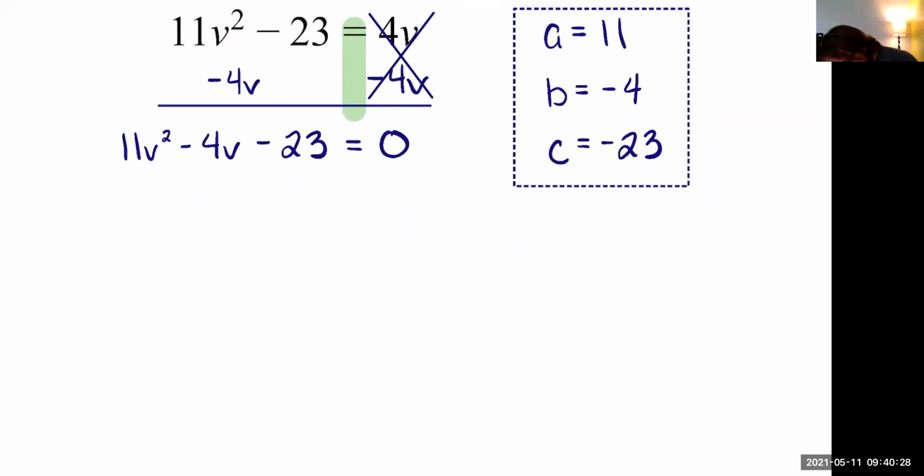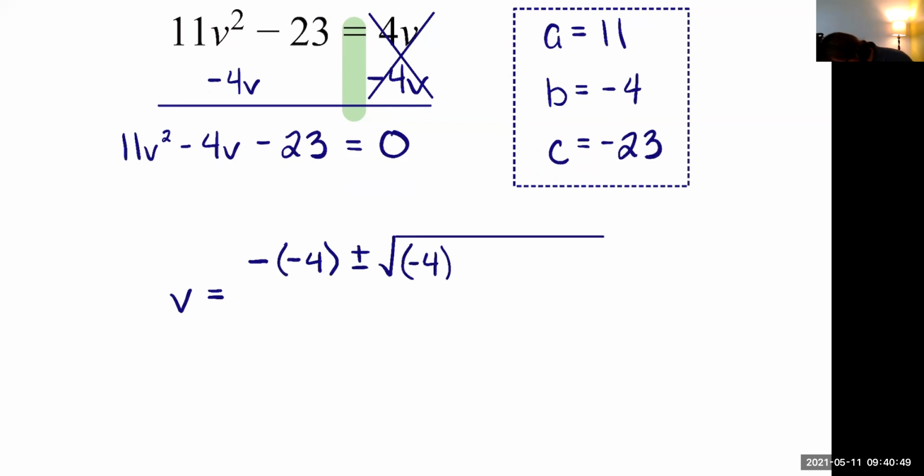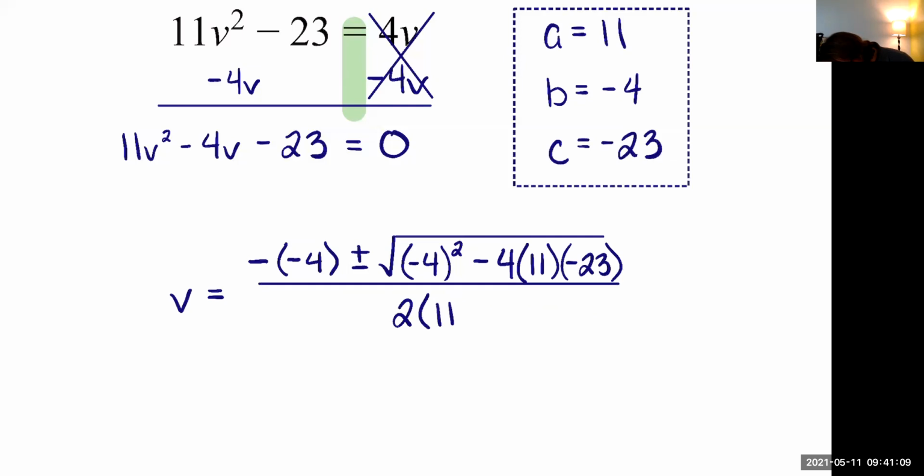This time, the variable we're solving for is the letter V. So I'm going to have V equals negative B, which is -4, plus or minus the square root of B, which is still -4, squared, -4 times A, which is 11, times C, which is -23. The entire thing over 2 times A, which is still 11.